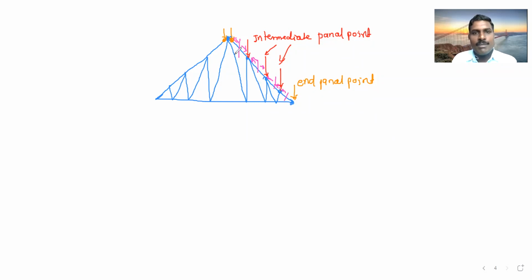The number of panels are 1, 2, 3, 4. So if we divide the total dead load by 4, whatever load we get will be on this end panel.